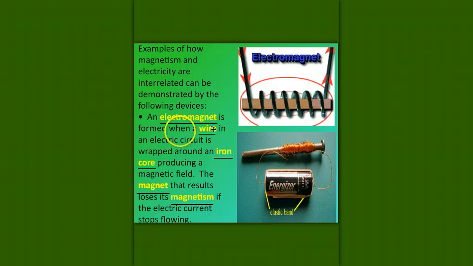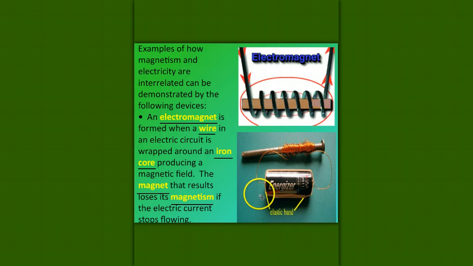So an electromagnet is formed when a wire in an electric circuit is wrapped around an iron core, producing a magnetic field. The magnet that results loses its magnetism if the electric current stops flowing.